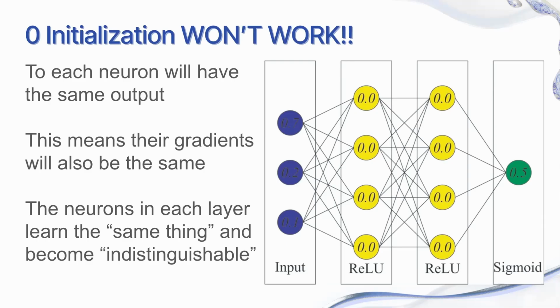Let's say I trained this for 100 epochs, and then when you look at the weights, you'll realize for every single layer, all your weights are essentially the same. So each layer learns only one thing, but you have a bunch of neurons. Does that make sense? Your gradient for each layer would be exactly the same. So there's no point in having so many neurons, because you can just condense it into one neuron, basically.